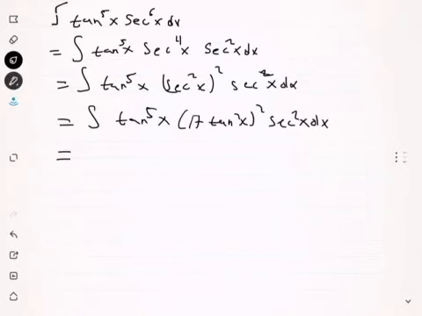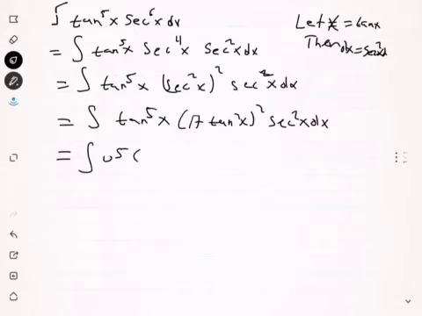And so then the idea here is that we have everything in terms of tangent, so we let u equal tangent x. Then du will be equal to secant square x dx. So then this will be u to the fifth power times (1 plus u squared) squared du.